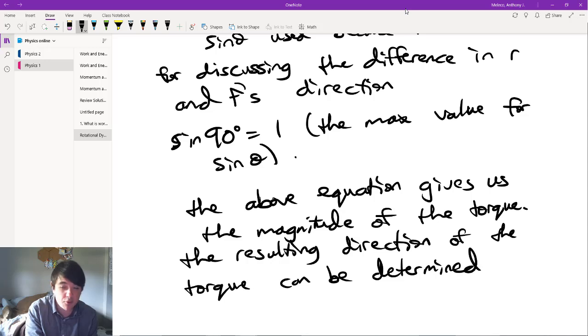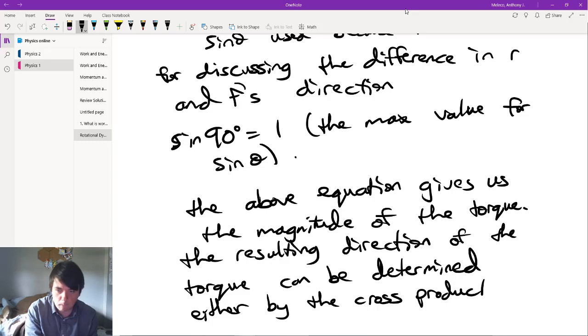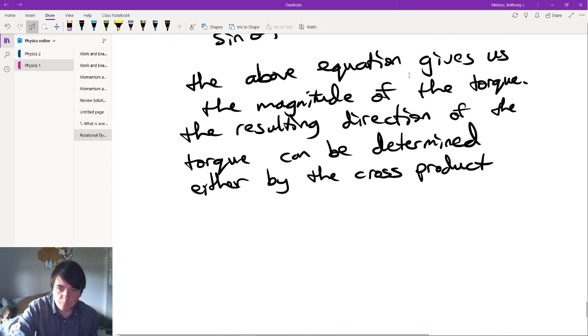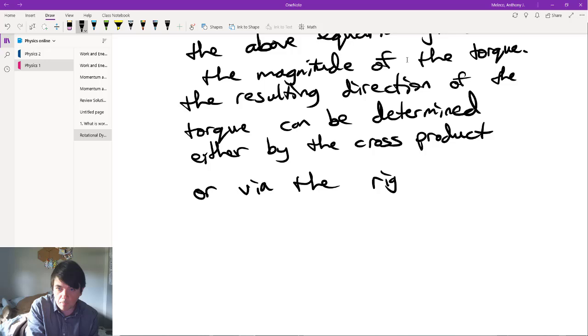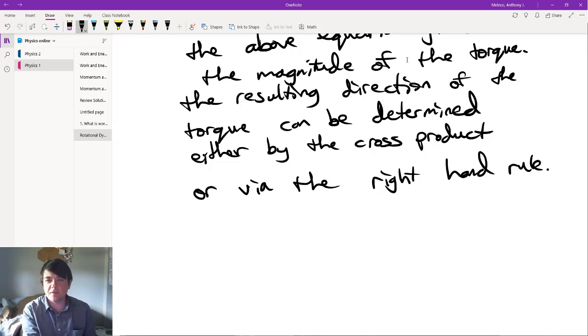can be determined either by the cross product or via the right hand rule. I should write it out because it's the first time you're seeing it. The right hand rule, abbreviated as RHR.